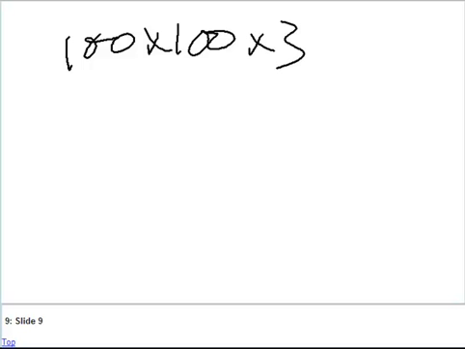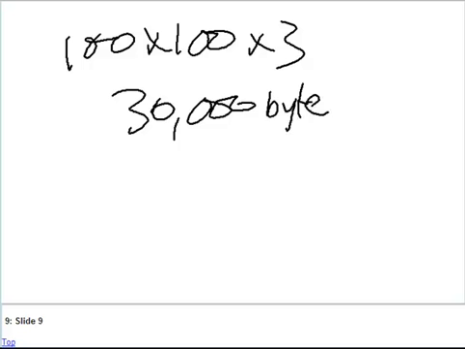So if we had something more like 100 by 100, and that has 3 bytes per pixel as well, that effectively means that it would take 30,000 bytes, which is 30K.